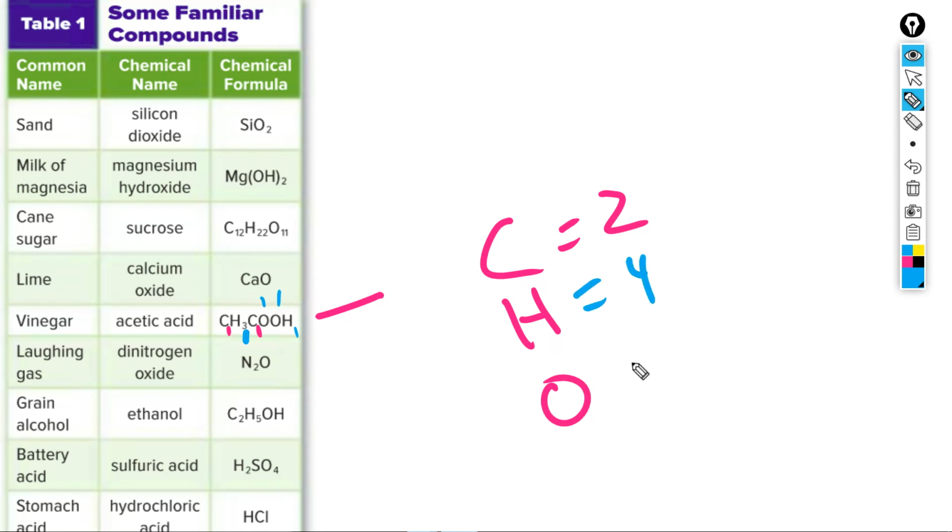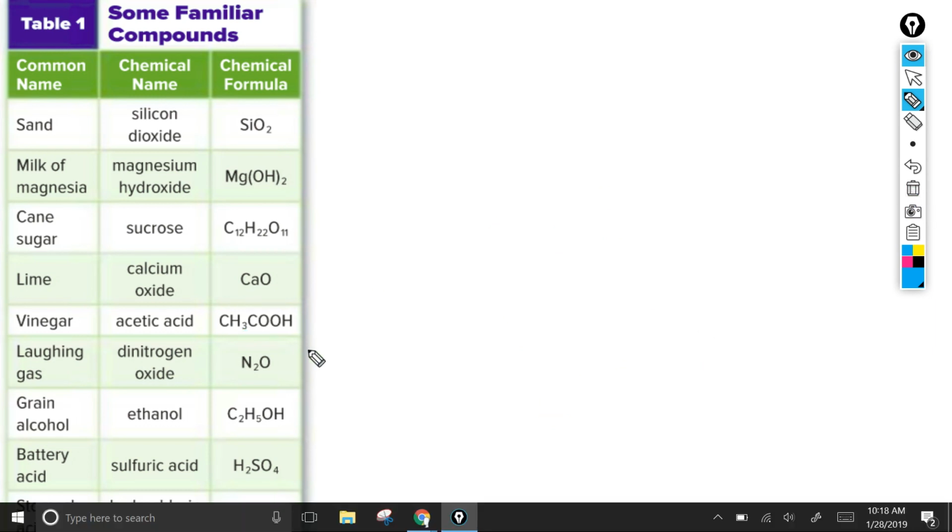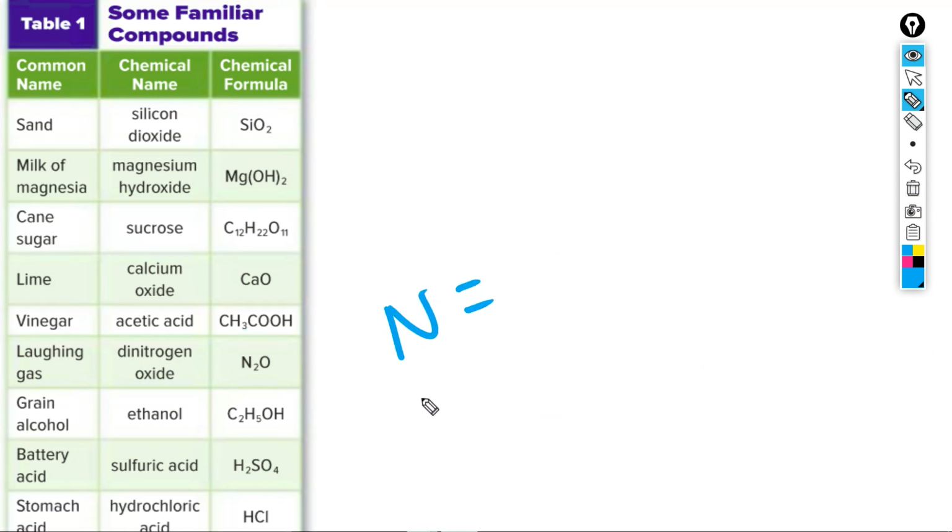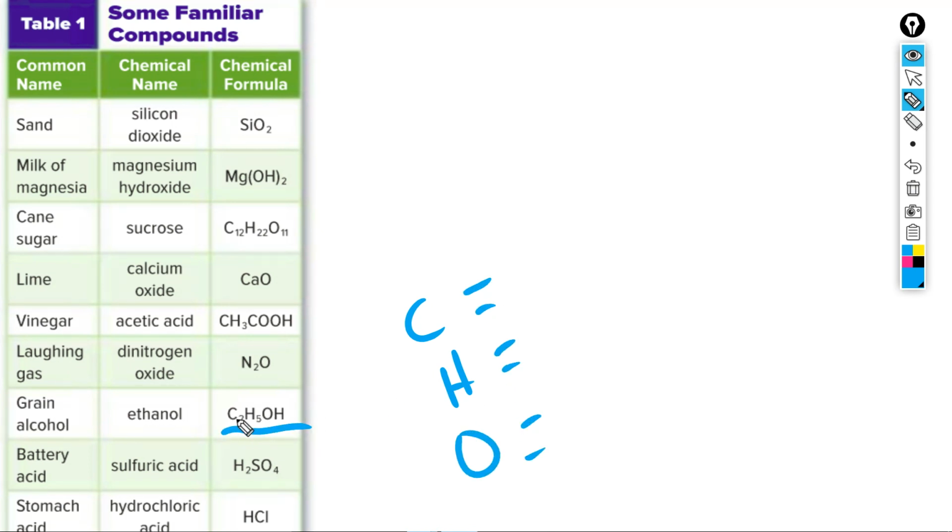And we've got those 2 O's, so O is 2. N2O: N equals 2, O equals 1. C, H, and O again, even though there's more letters, there's only 3 different elements in there. C equals 2, H equals those 5 plus 1 more, so 6, and O equals 1.